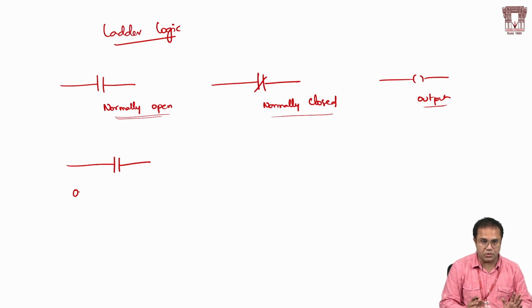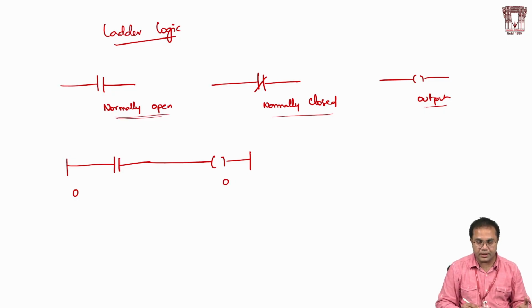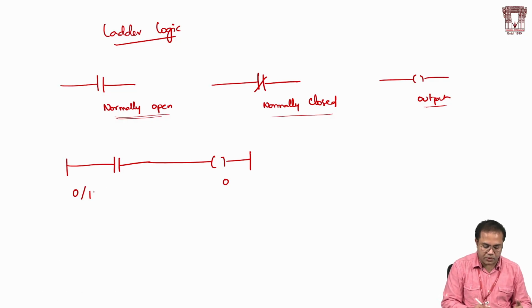Its state is open, so it remains open, which means there is no contact and no output at all. When I connect this NO followed by an output, as long as the input is 0, the output also remains open. Clear?